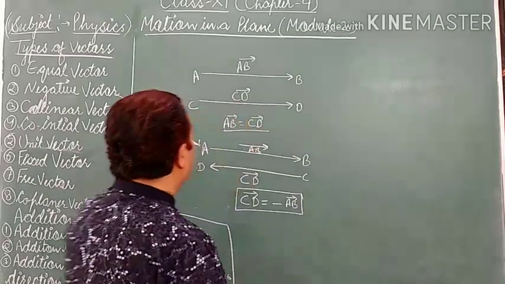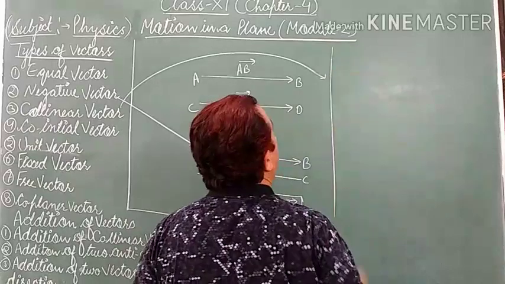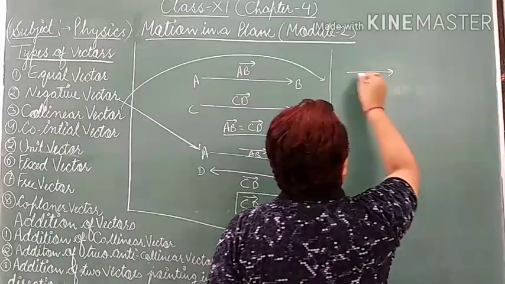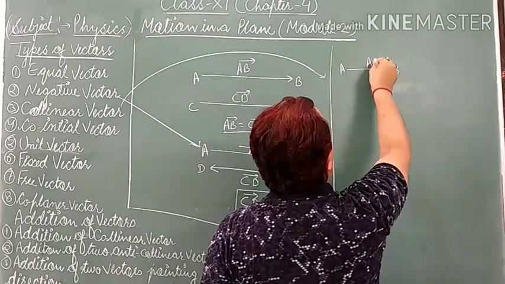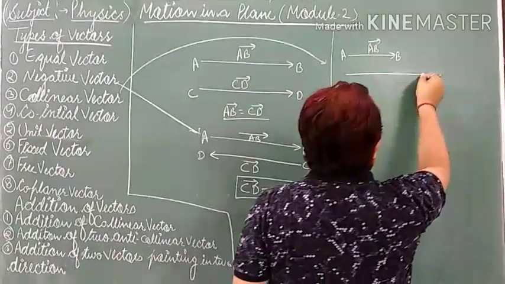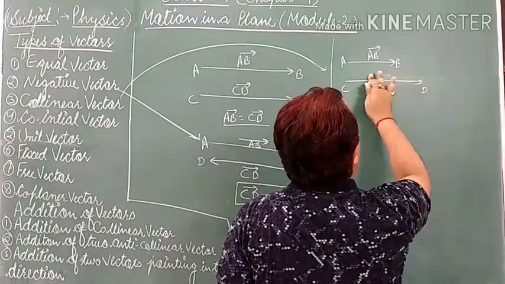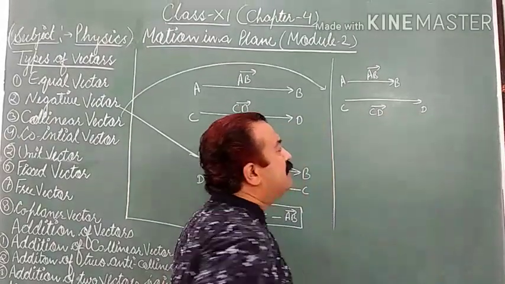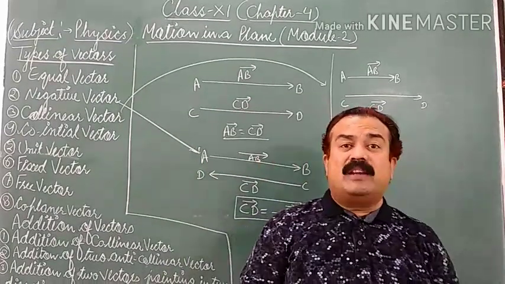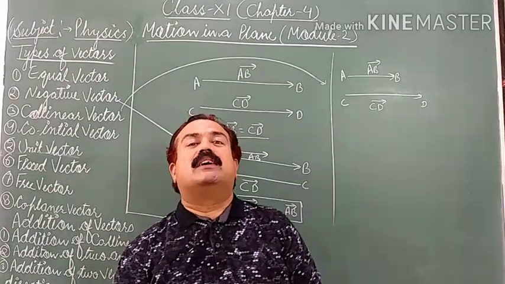If we have vector AB and another vector CD, we can say that AB is a collinear vector of CD, or both vectors are collinear vectors.